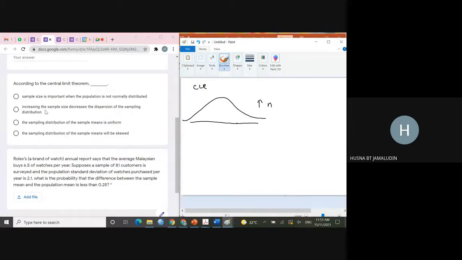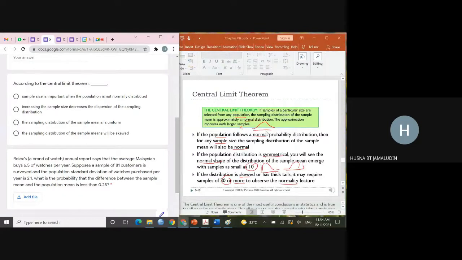So increasing the sample size will definitely decrease the dispersion. Dispersion means the standard deviation or the variance, meaning your estimation will be better. Okay, so got it? So regardless of the sample size, normally we will have a normal distribution shape.